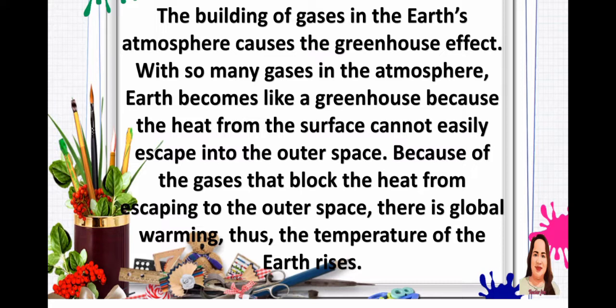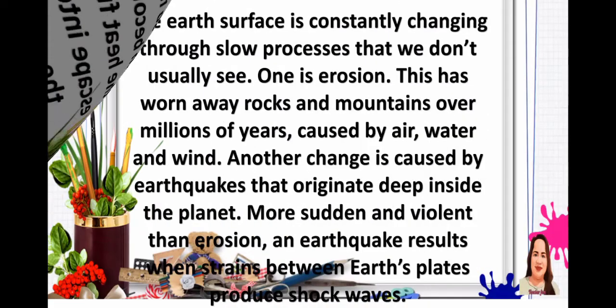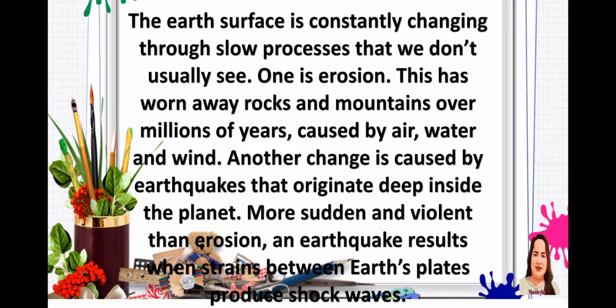Because of the gases that block the heat from escaping through the outer space, there is global warming. Thus, the temperature of the Earth rises. The Earth's surface is constantly changing through slow processes that we don't usually see. One is erosion.